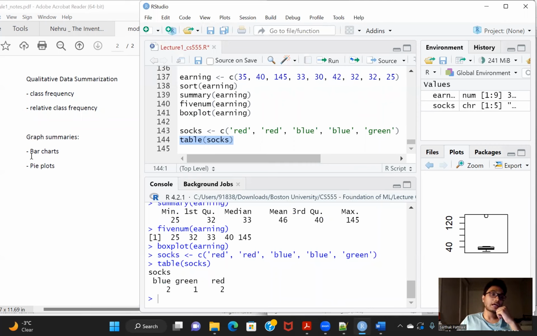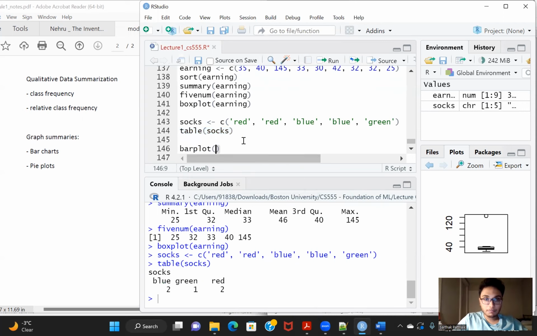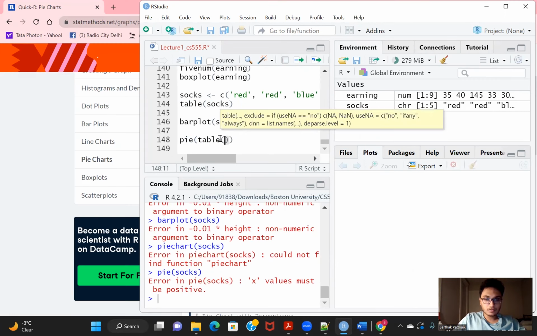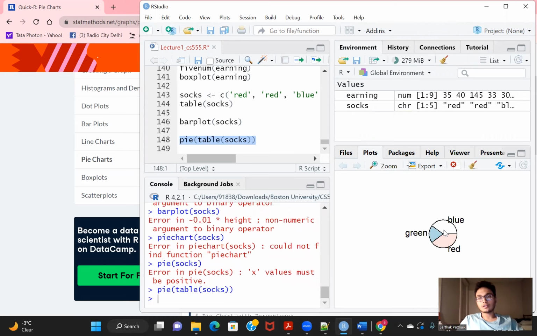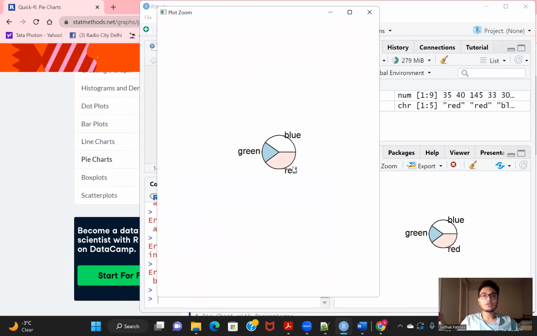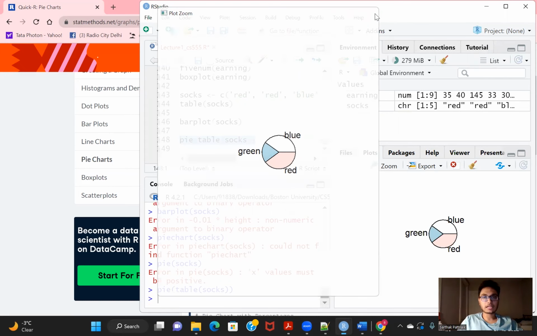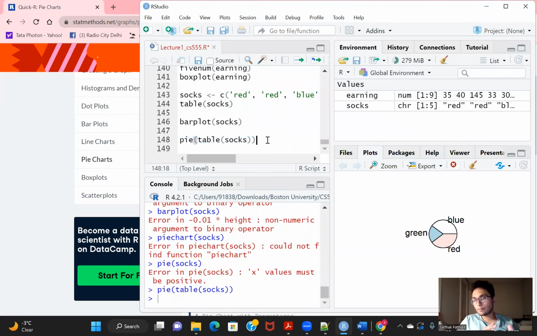And more than that, if you talk about graphical summaries, a great way to analyze your categorical variables is pie chart and bar chart. So let me just see if I can put a bar plot in socks. Pie chart looks something like this, where you have equal proportion of blue and red, and green has a slightly lower proportion than both blue and red.